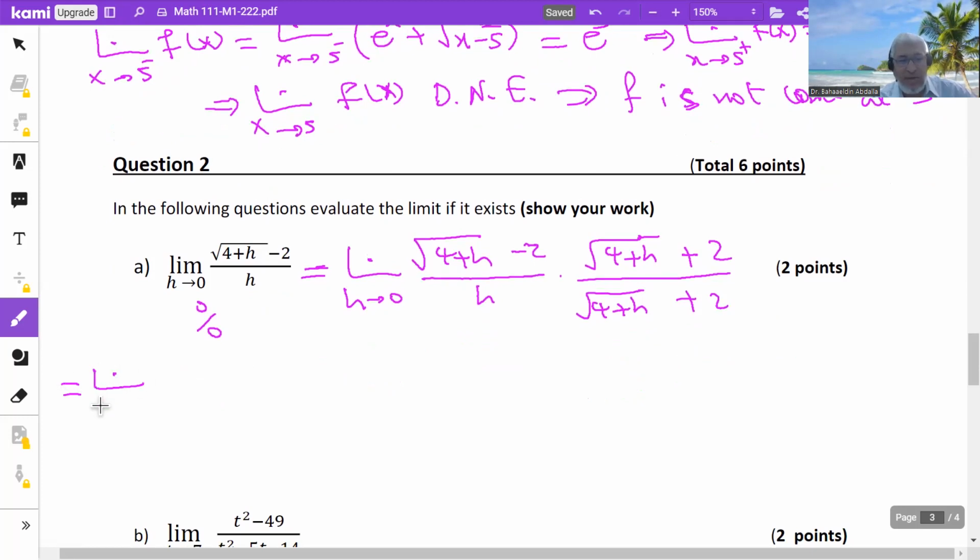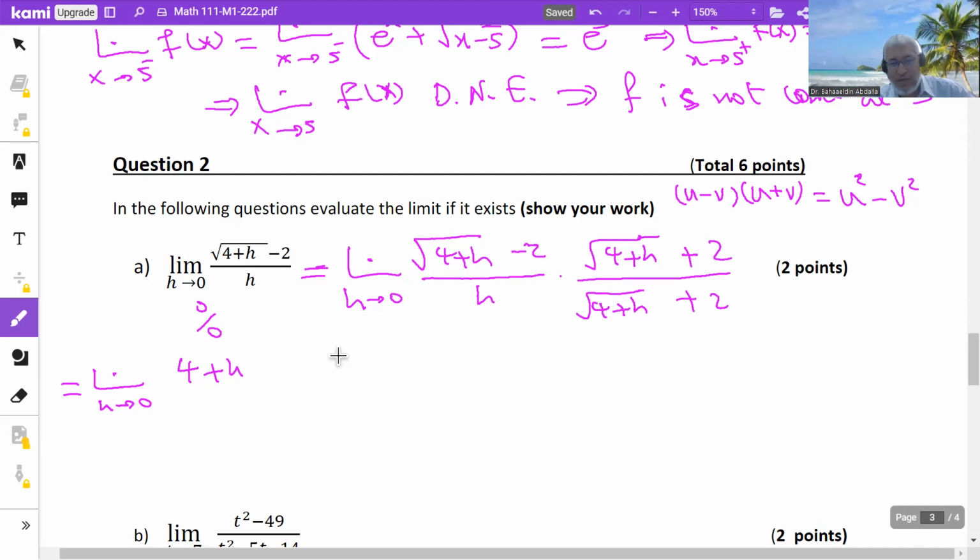Well, I still have the limit. Do not forget the limit. Now multiply the numerator with the numerator. Remember u minus v multiplied by u plus v is u squared minus v squared. So the square root of 4 plus h squared, the square root will disappear.